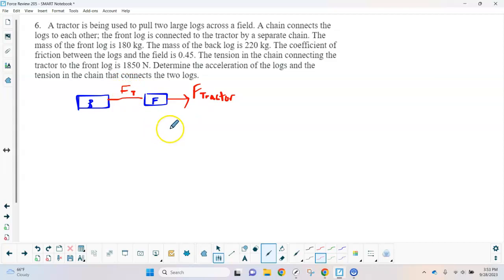So they give us lots of information. They give us masses of the front and back log. They also tell us the coefficient of friction. They tell us the chain connecting, the force of the tractor, basically. And we want to figure out what's the acceleration and the tension here. So we're looking for this tension, and then we're looking for what is the acceleration of this whole system.